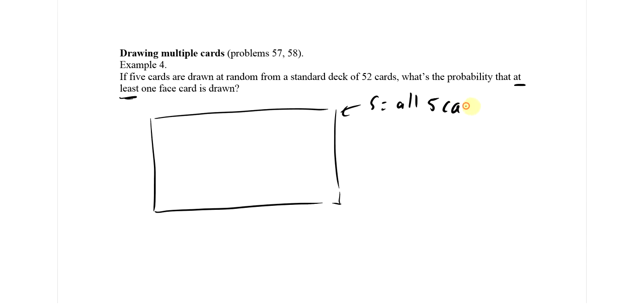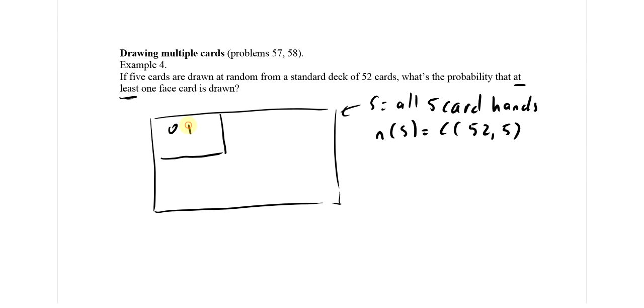All 5 card hands. And how many 5 card hands are there? Well, we're choosing 5 cards from 52. Okay, so that's how many possibilities there are. If we think about picking 5 cards at random, how many face cards can you get? Well, you can get 0 face cards, right?